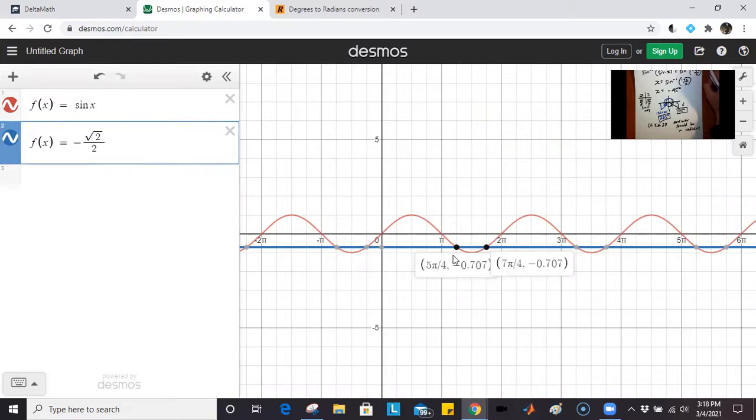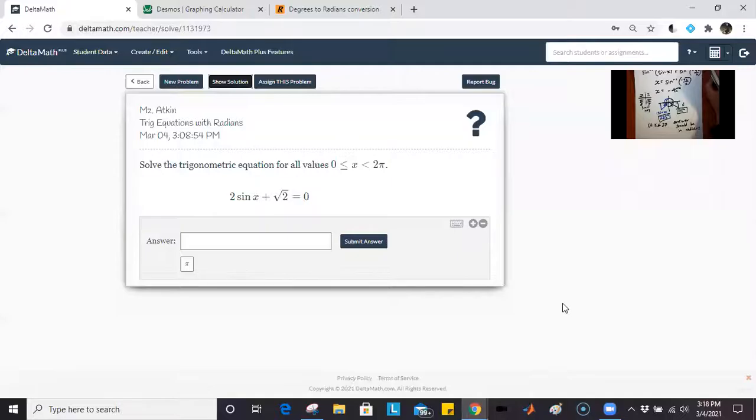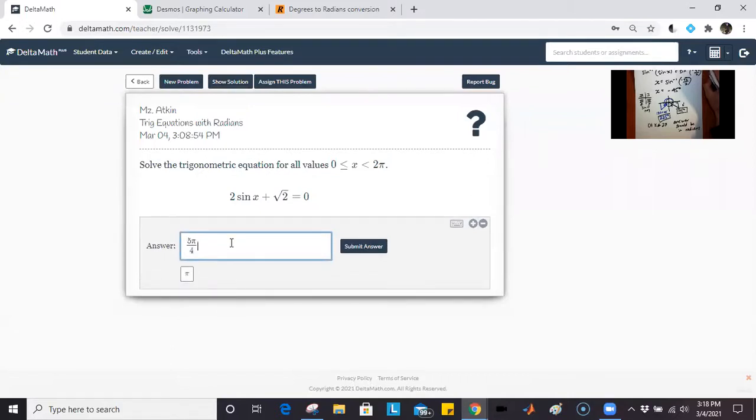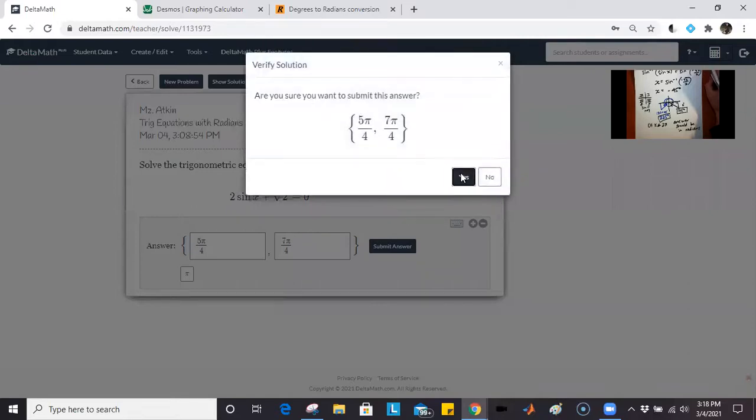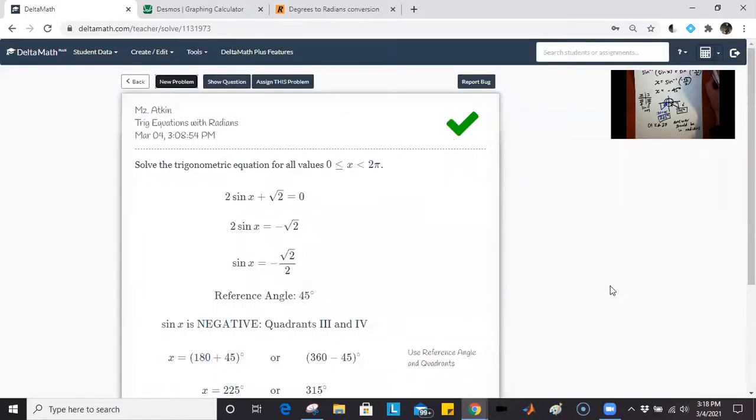Excellent. So for these questions where the answer needs to be in radians, it's really nice to use our graphical analysis tool. So let's go put in our answers of 5 pi over 4 and 7 pi over 4. Let's submit like a boss. Boom shakalaka. There we go.